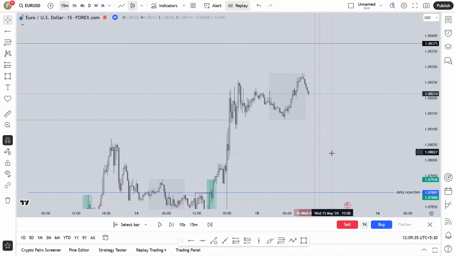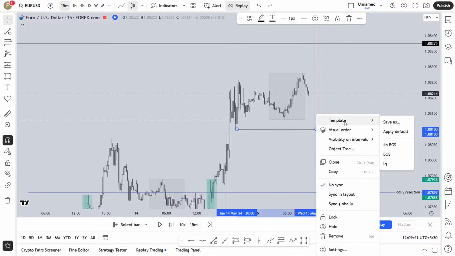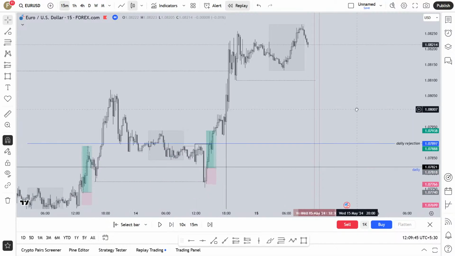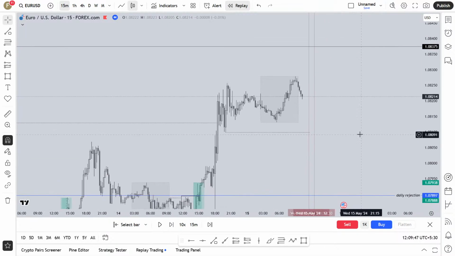Now we can see nicely this point is a beautiful liquidity. Let's see if the market touches here and gives us a good reaction, then we do something incredible.